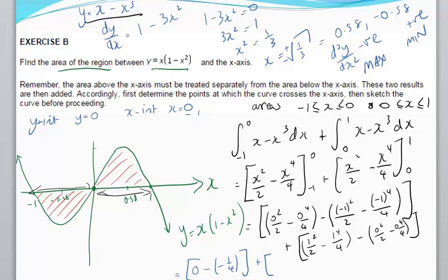Plus 1 squared on 2 minus 1 to the power of 4 on 4, we're going to end up here with a quarter minus 0. So we put these together: a negative times a negative becomes positive, a quarter plus a quarter is equal to a half square units here for our total area under that curve.